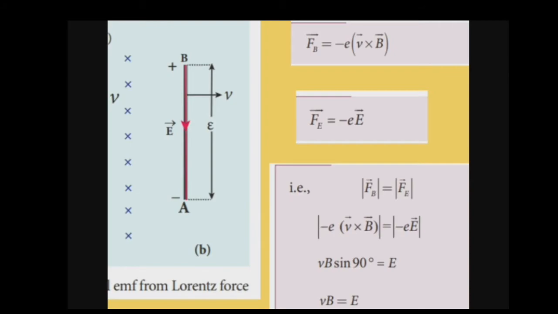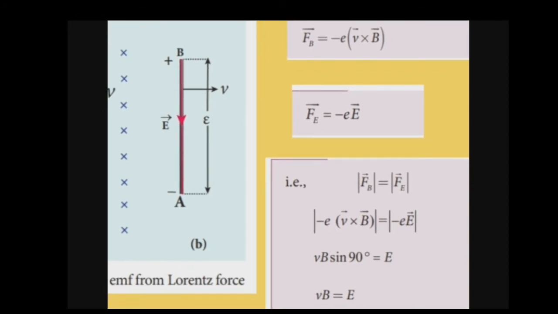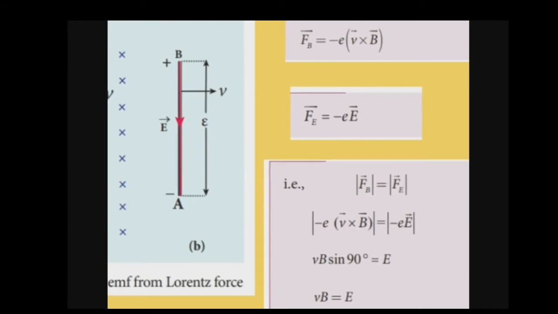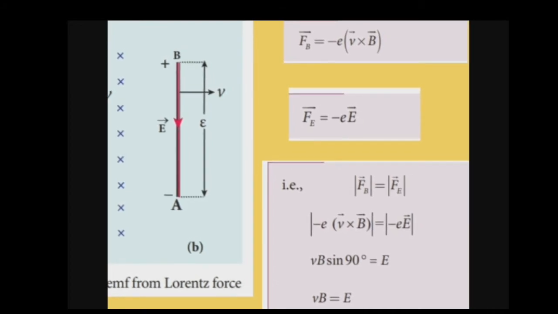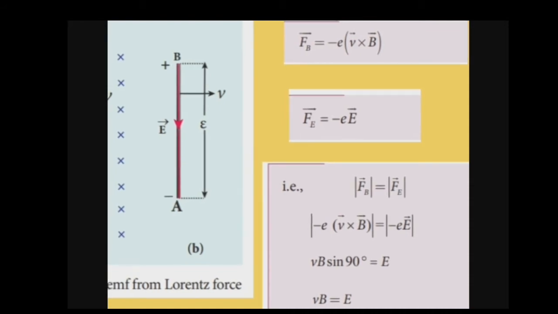Then the Lorentz force and Coulomb force balance each other. So we get the formula: modulus of F_B vector is equal to modulus of F_E vector. Substituting the values from the above steps, modulus of -e (v vector × B vector) is equal to modulus of -eE.